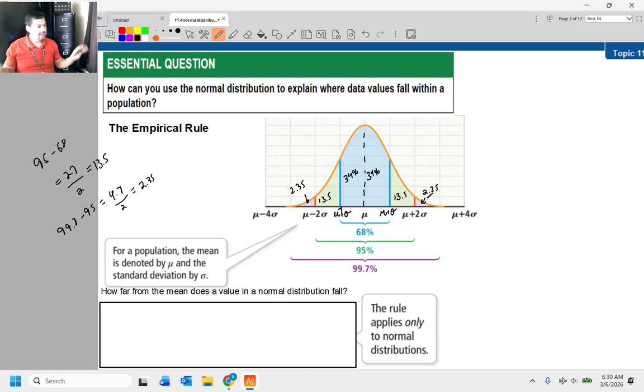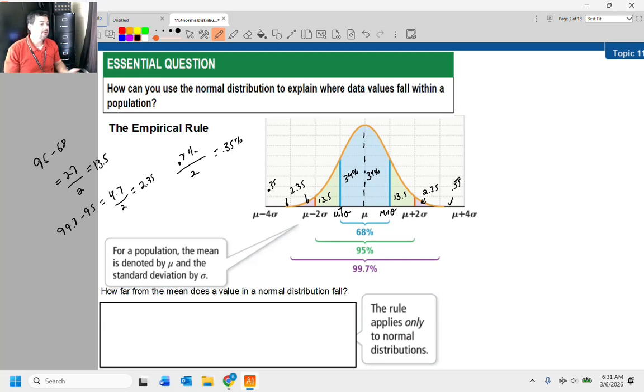And then you have these tails on the end, these things that are almost flatlined on the curve. But they contain 0.3%, and there's 2 tails. There's one on the left, there's one on the right. You divide it by 2, and you get 0.15% for each tail. You can just barely see it, but there's a little bit left.